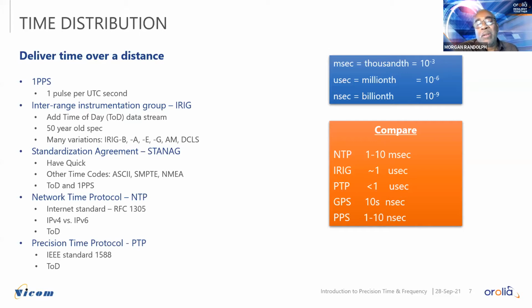If you want to compare these different protocols on the left here, you're looking at 1 to 10 milliseconds for NTP, less than 1 microsecond for IRIG, greater than 1 microsecond for PTP, and GPS is going to be 10 nanoseconds, along with PPS at 1 to 10 nanoseconds. NTP is probably the most used, but it's the least accurate of all of these different protocols.